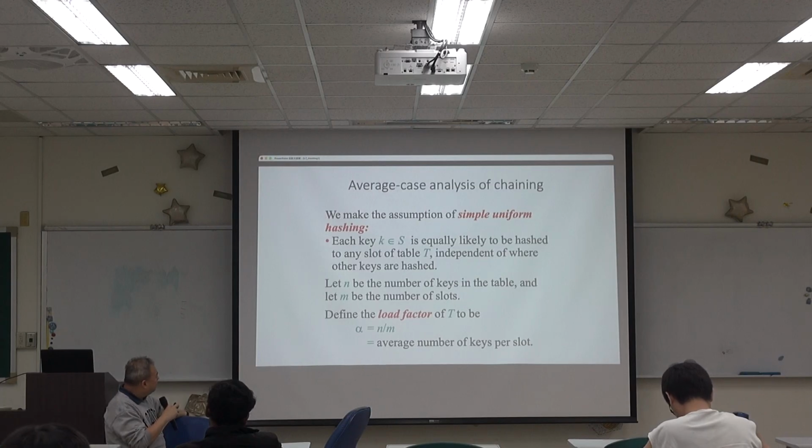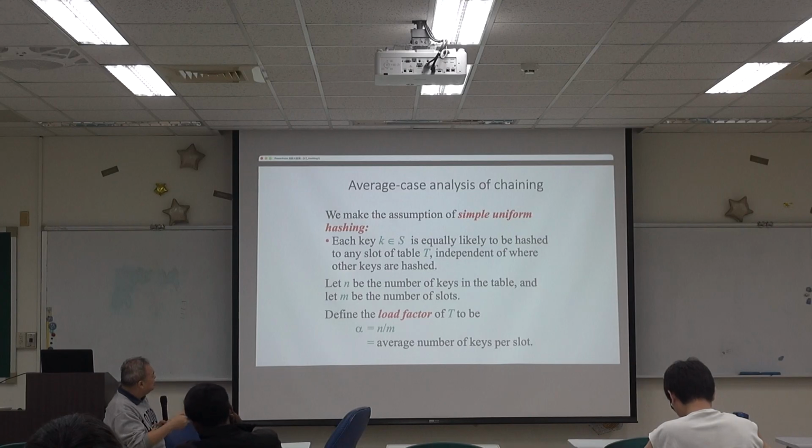At the end, you will find that this simple uniform hashing property is very, very difficult to achieve, or maybe put it this way, it's much more complicated than you may think. So let n be the number of keys in the table, and m be the number of slots.